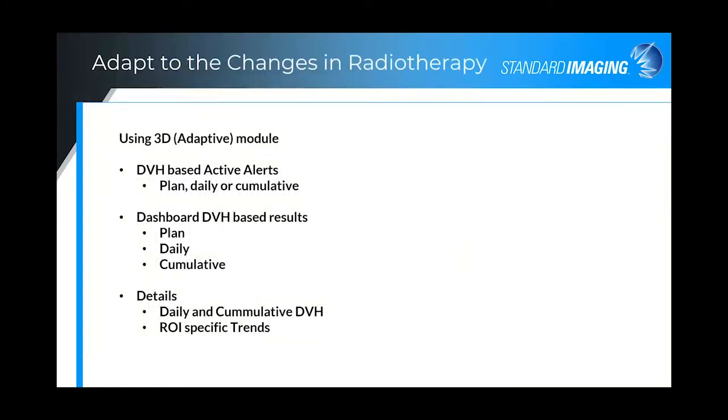So after the automated analysis occurs, there are a number of features available for review and notification, and I wanted to go into just a little more detail on those. Similarly to the in vivo module, there are active alerts on the dashboard or email alerts that can be configured. The dashboard also contains the DVH-based alerts. So these are the similar complement to the chiclets, which are used to report the gamma pass rates for in vivo.